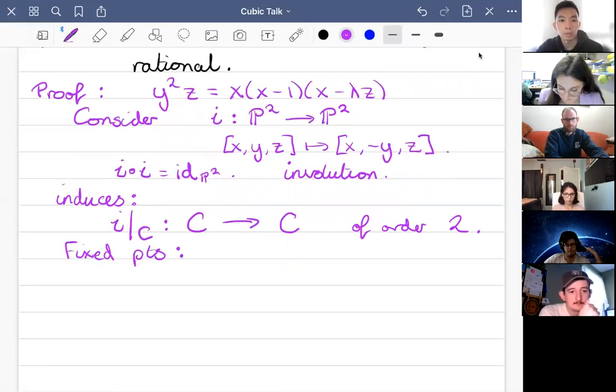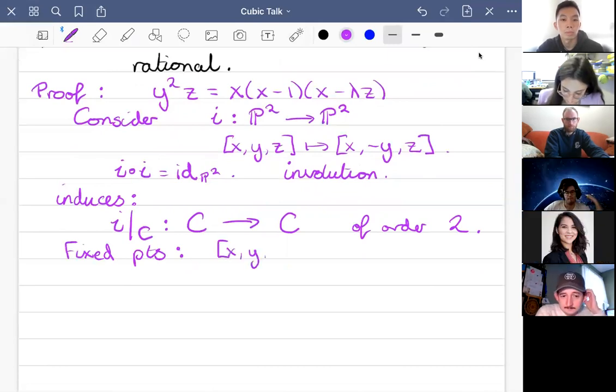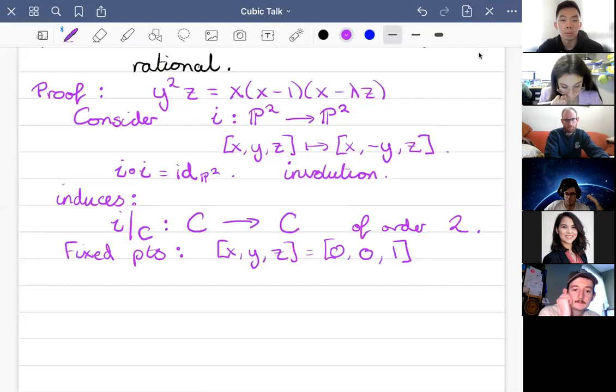Well, it actually has 4, and we can write them down. So if x and y are 0, 0, then that satisfies this equation. Z can be anything, so we'll just put it as 1. So that's one fixed point.